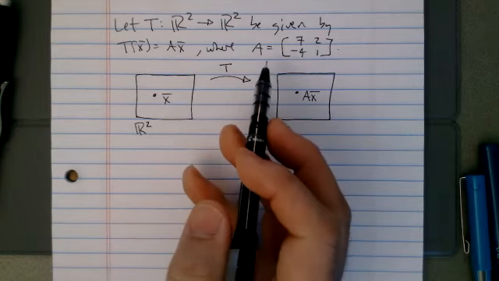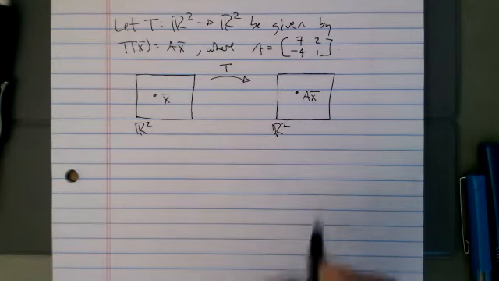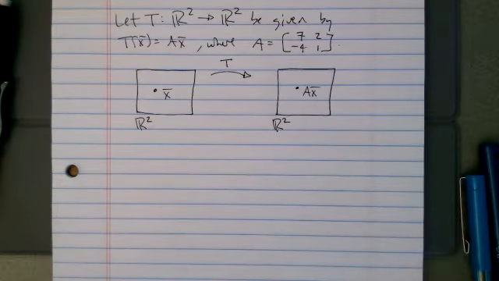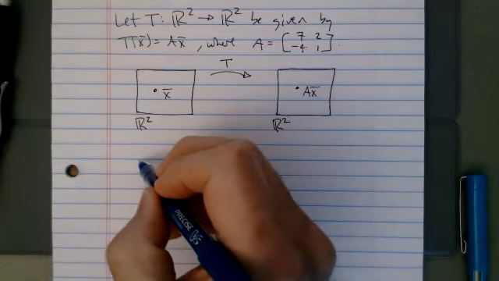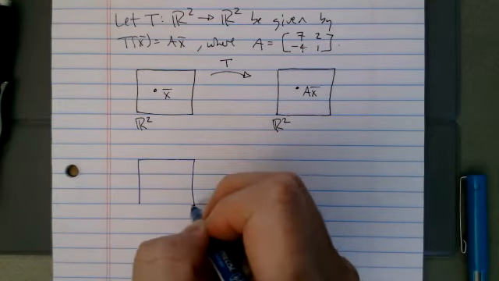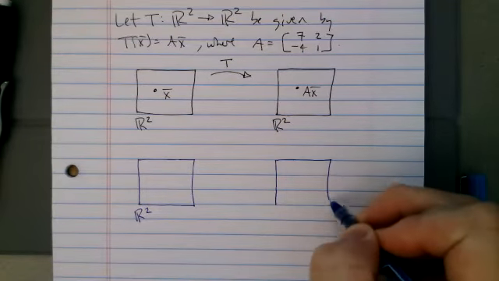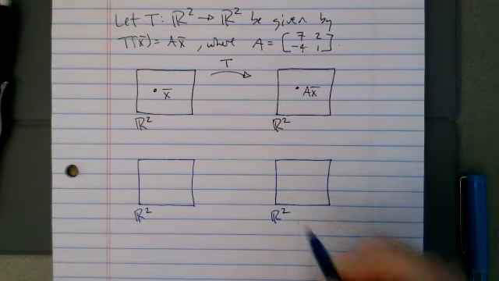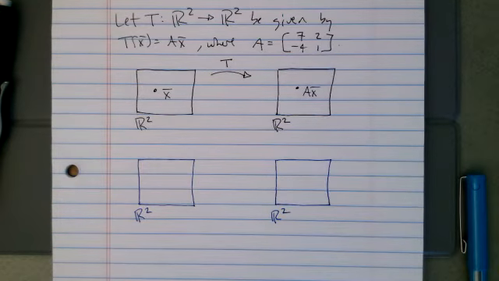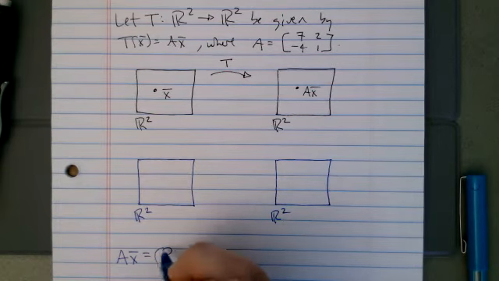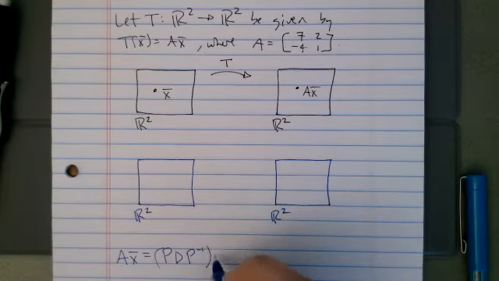Also notice that A is equal to P times D times P inverse. So A times X is PDP inverse times X, because we know that A is diagonalizable.